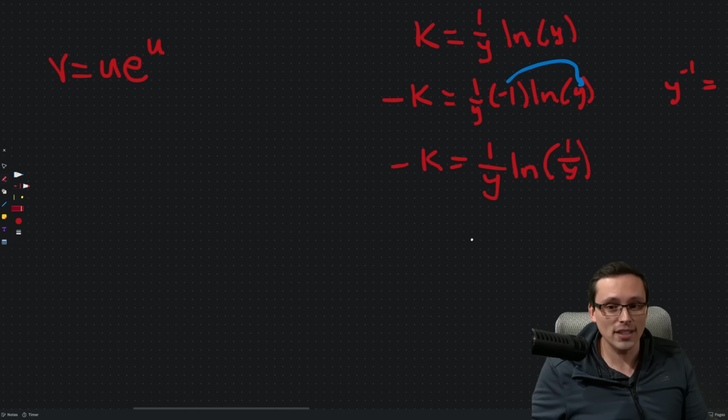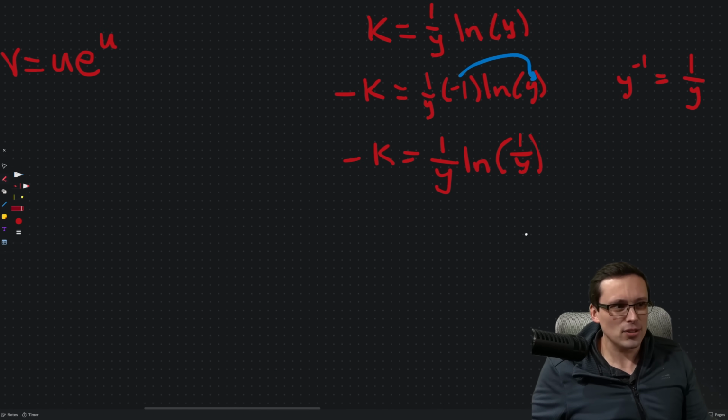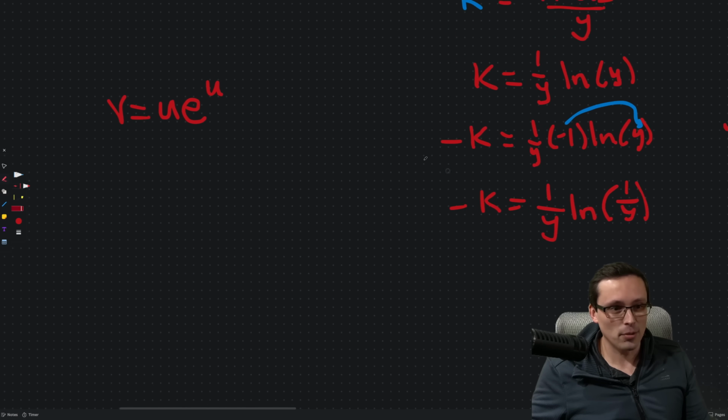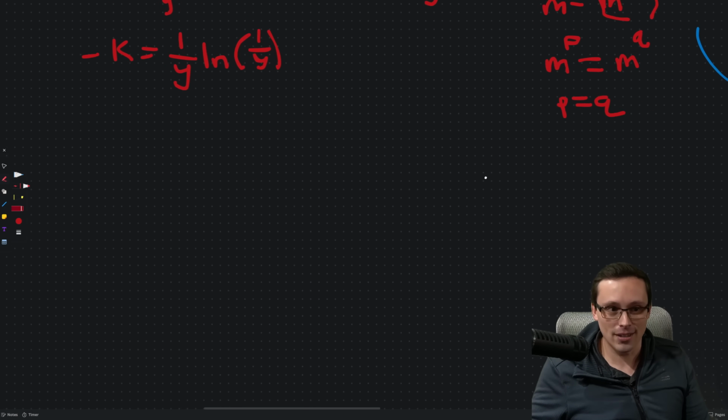So my strategy right now is trying to get into this format, even though I'm in this format right now. What if I rewrite this factor as e to the power of something? Now, how can I do that? There's another trick you do with logs sometimes, the one I'm using right now.